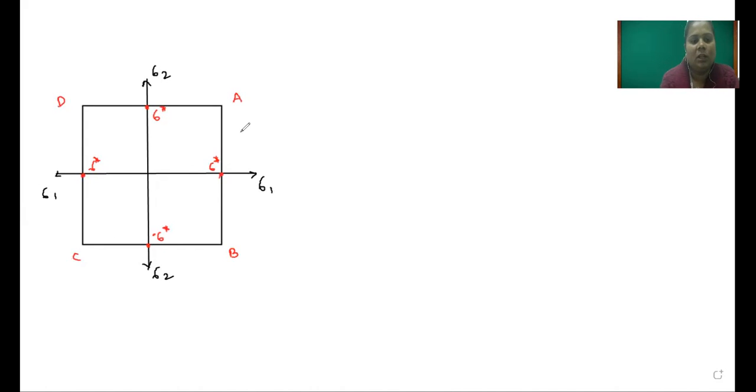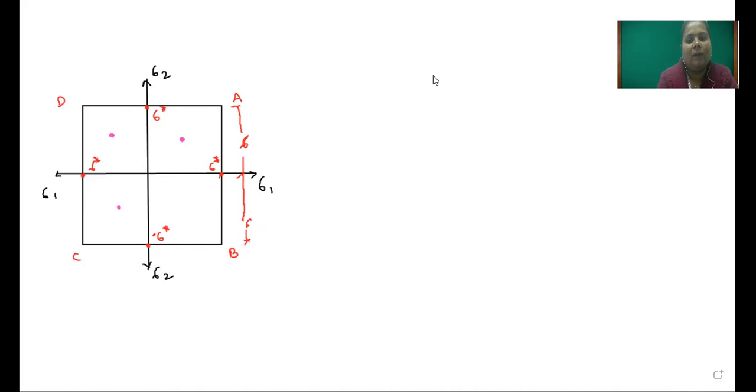Okay, so here suppose this is sigma and this is also sigma. Suppose our stress is plotted here, or here, or here. That means our material or member is safe.